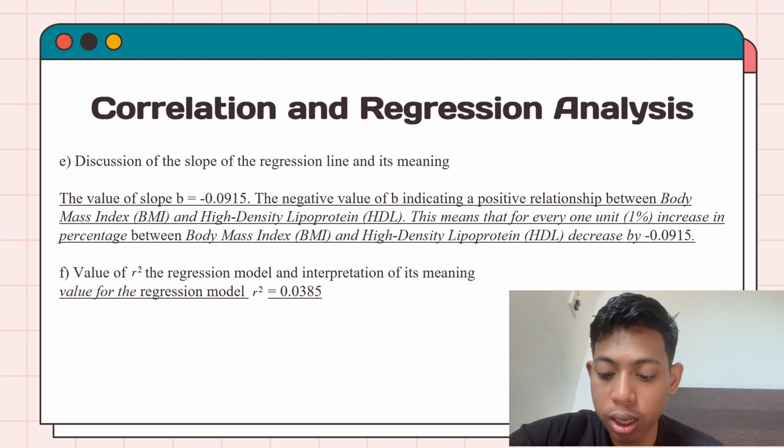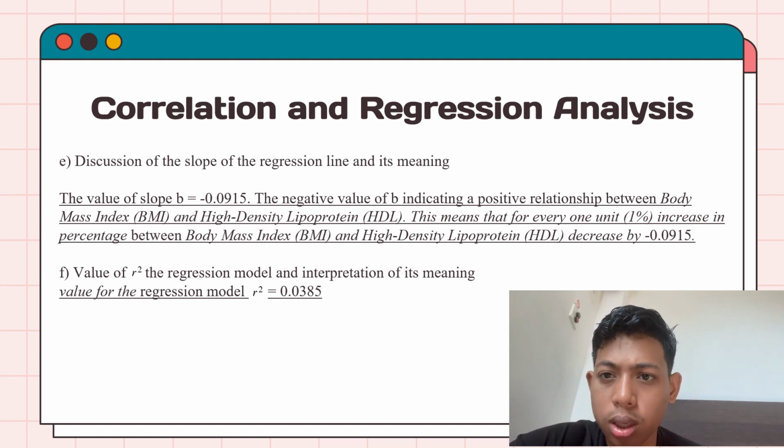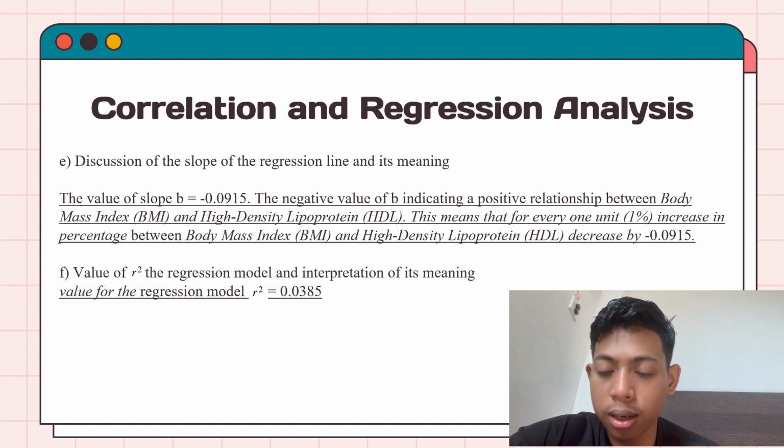This means that for every 1 unit decrease in HDL, there is a change in BMI. Then the value of R squared for the regression model, we take from question B, then we square it. So the answer is 0.0385.